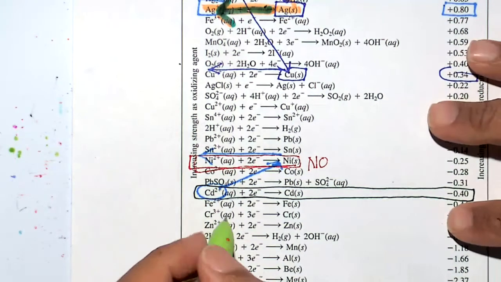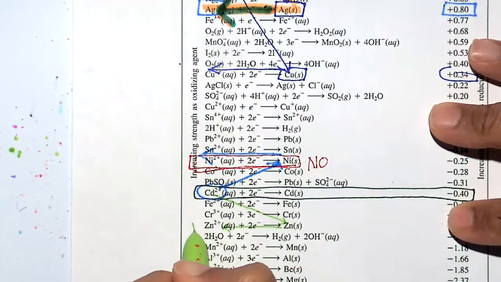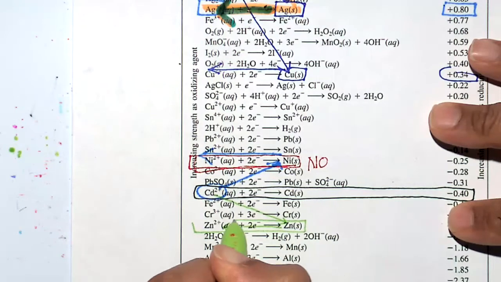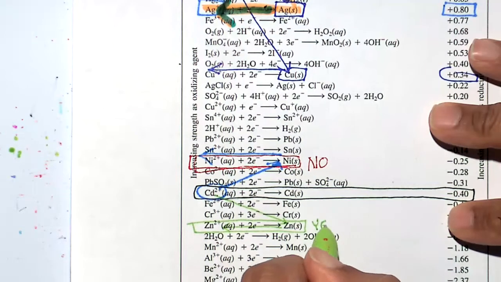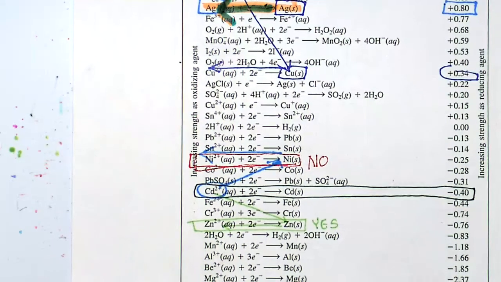But can this cadmium plus 2 oxidize zinc solid to zinc plus 2? Yes. That will give you a positive voltage. So cadmium can flip all these guys beneath it. That's all I'm trying to say.